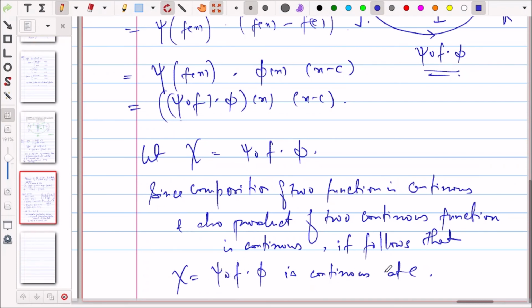So psi of f will be continuous at c and phi is also continuous at c, so this product will be continuous at c, right? Is it clear? Is it clear everyone?